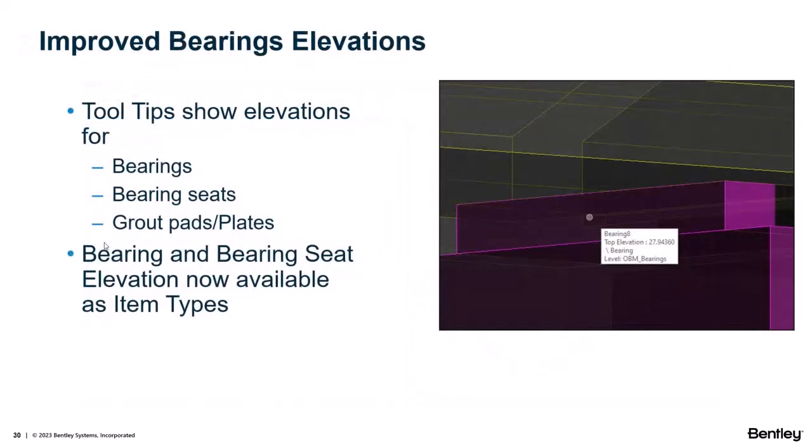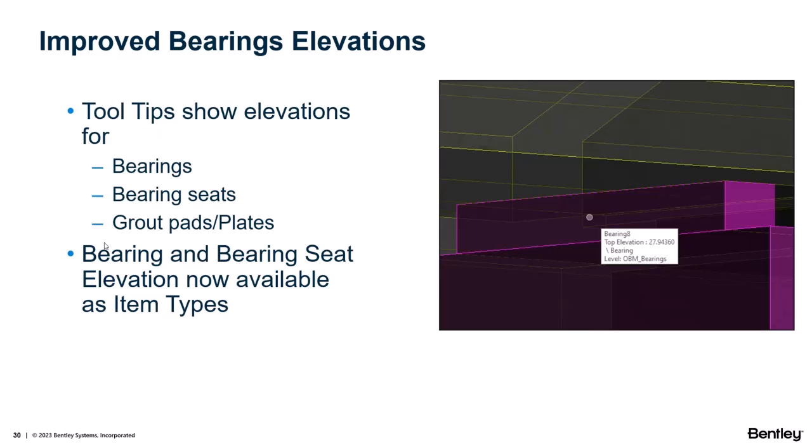We also have improved our bearing elevations, right? This is always a big request because, well, geometry, of course, is extremely important. So we wanted to report that, and also access all these bearing seats and bearing elevations through item types. Why? Because on that, you can do custom reports, like bearing seat elevation tables that we sometimes need to place into our plans.